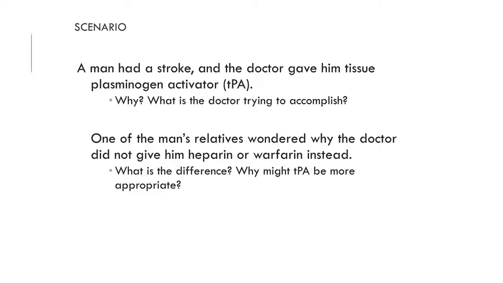So with his stroke, he had a clot that went up to his brain and blocked off an artery supplying oxygen to part of his brain. And so by giving the TPA, we are reperfusing the area that the clot has blocked off.